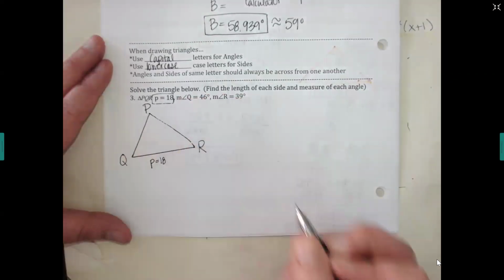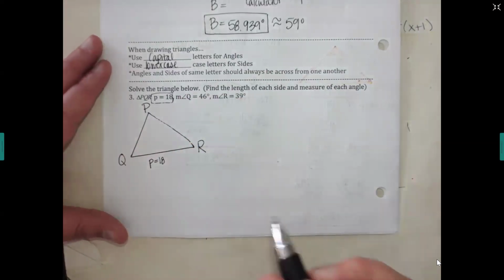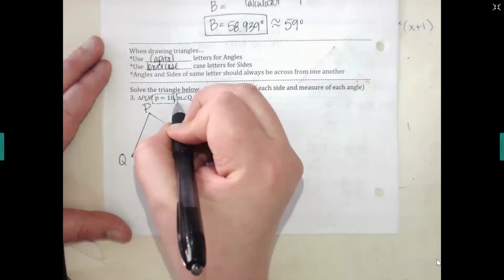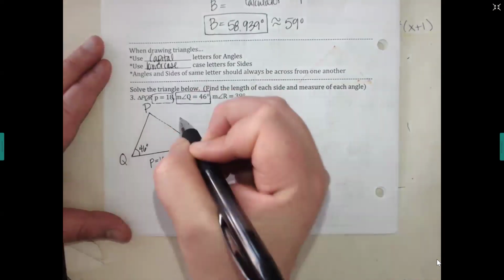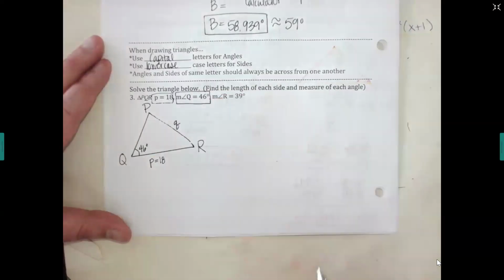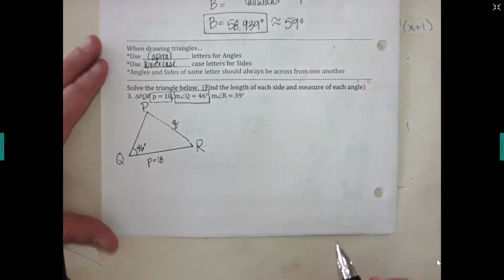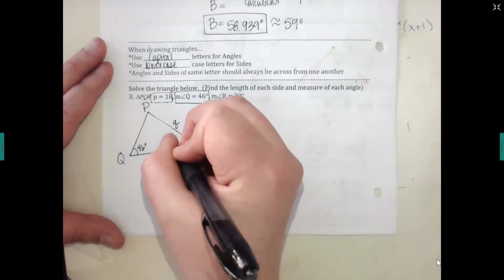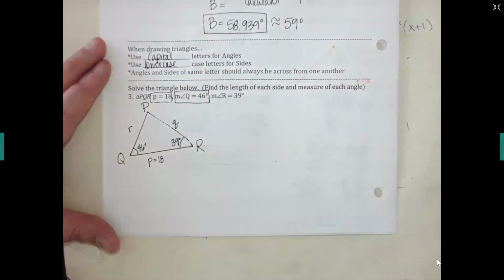So little p is 18. The next angle they give me is that capital Q is 46 degrees. That means that little q needs to go across from that. And then they give me capital R is 39, which tells me that little r goes across from it.